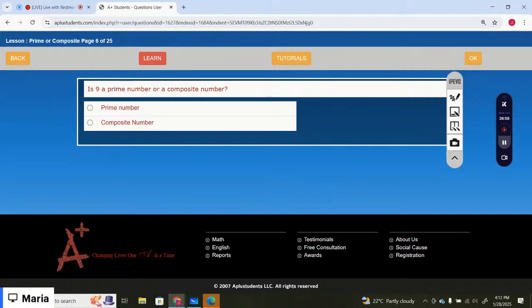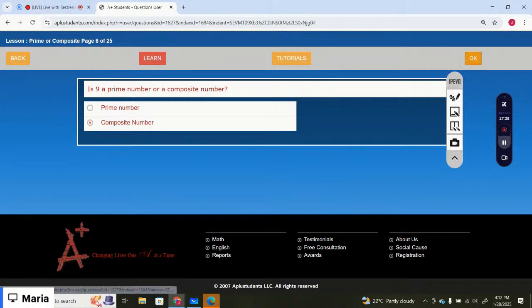Is 9 a prime number or a composite number? 9 is a composite number.